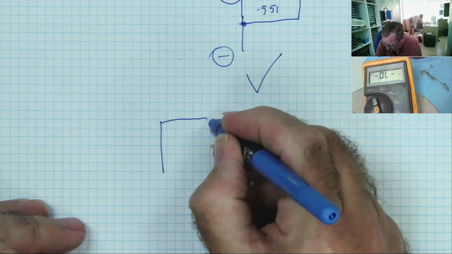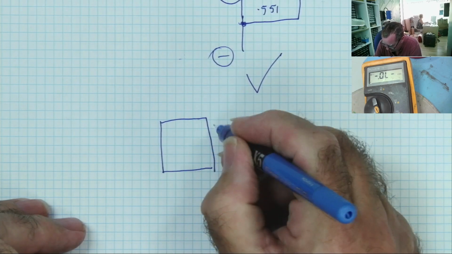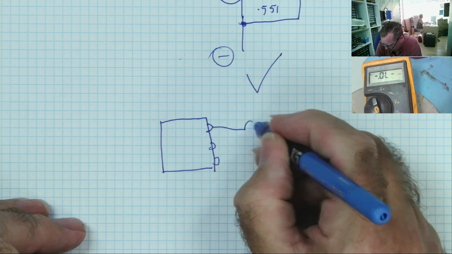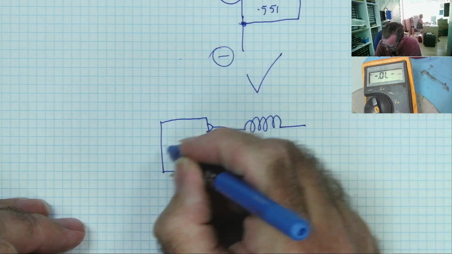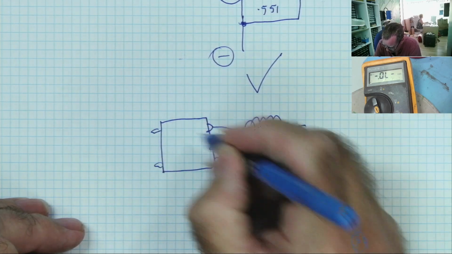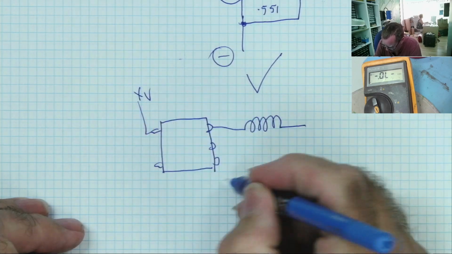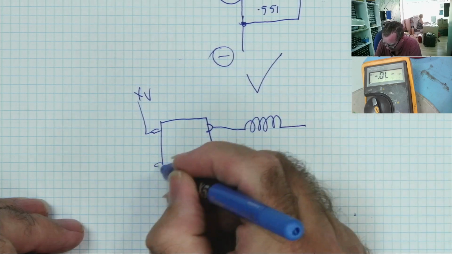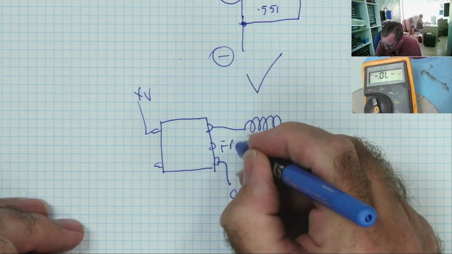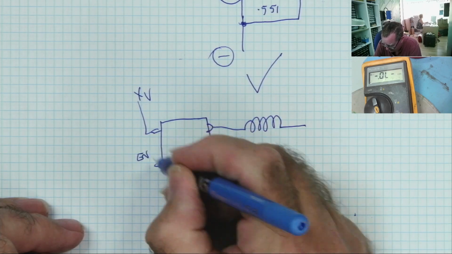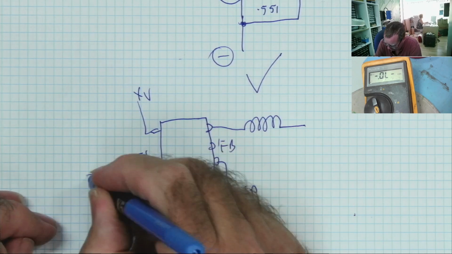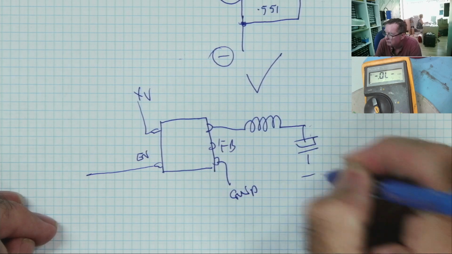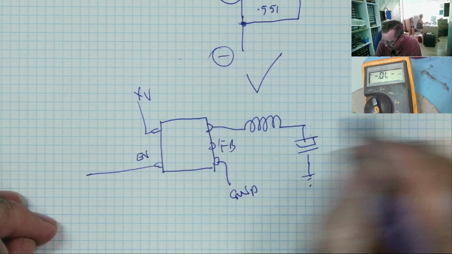If you have, for example, some sort of chip, maybe a buck converter or something like that, ground, and it has a feedback pin here and it has an enable pin here, and this is active high, okay, and this is supplying something like so, ground.